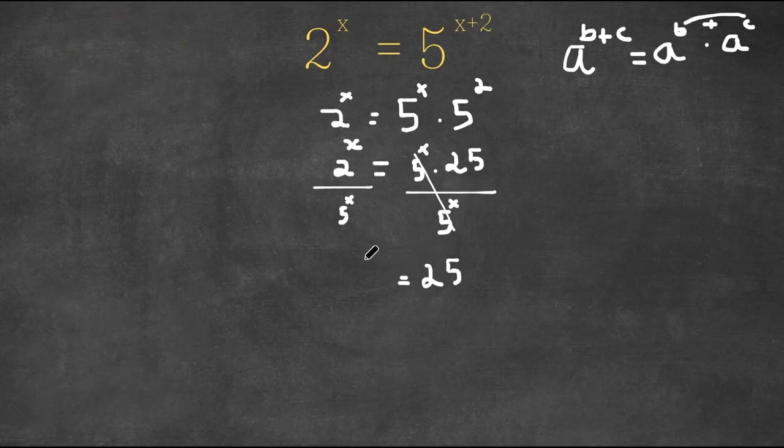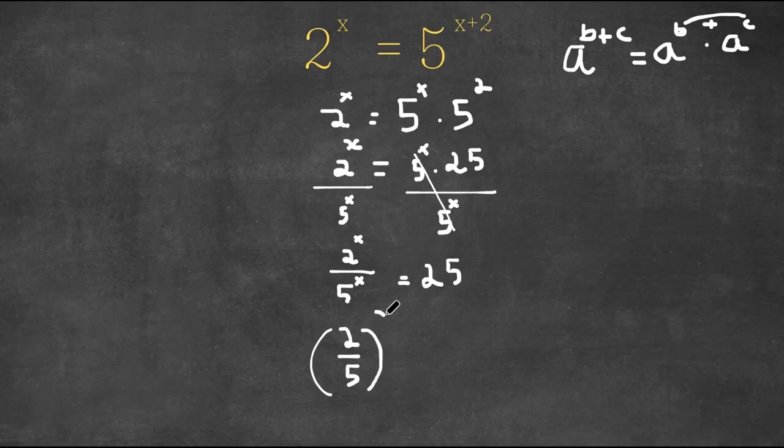And on our right-hand side, we'll have 2^x over 5 to the power of x. And this can actually be written as 2 over 5, whole power x. And this is equal to 25.